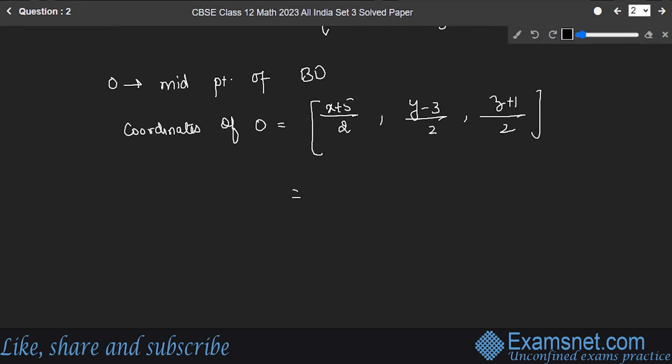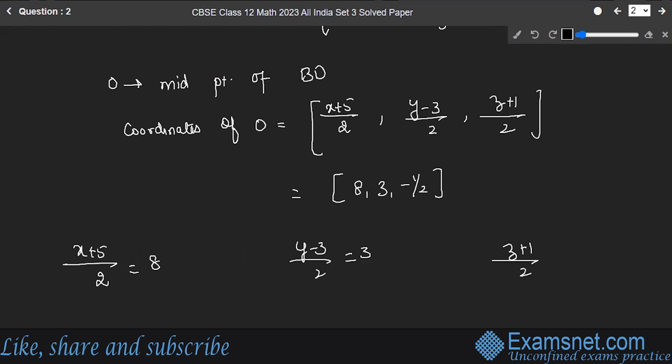Now, this was equal to your 8, 3, minus 1 by 2, right? That means let's solve by comparing both of them. You have (x plus 5) upon 2 equal to 8, (y minus 3) upon 2 equal to 3, (z plus 1) upon 2 equal to minus 1 by 2.